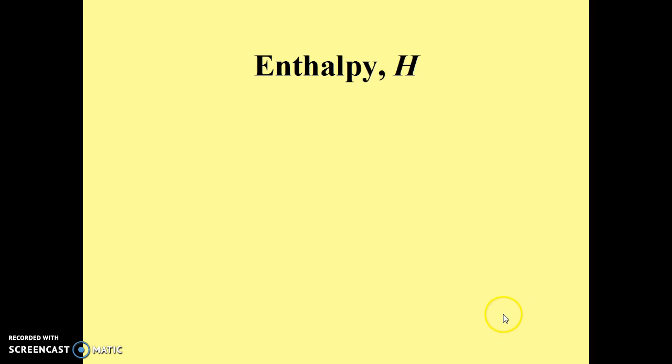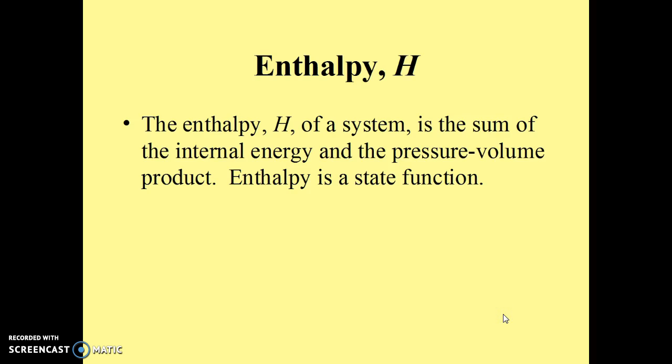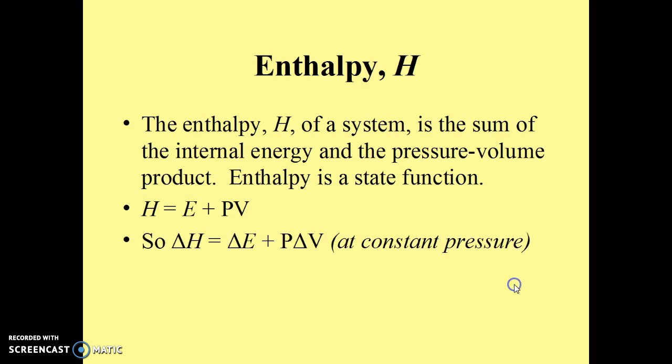We now define what's called enthalpy. The enthalpy H of a system is the sum of internal energy and the pressure volume product. It is a state function. Here, enthalpy, internal energy, pressure volume product.